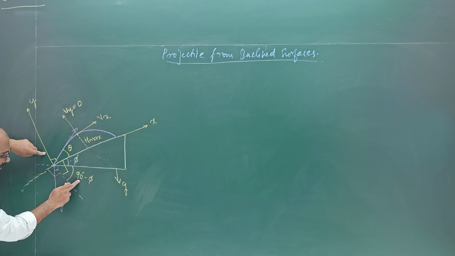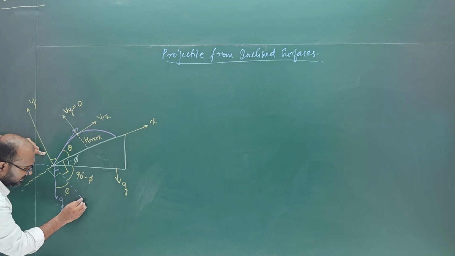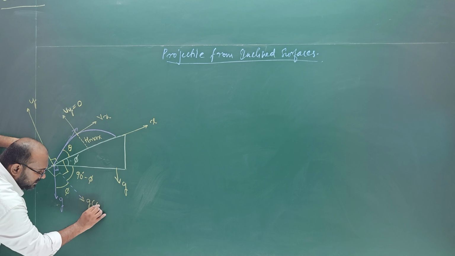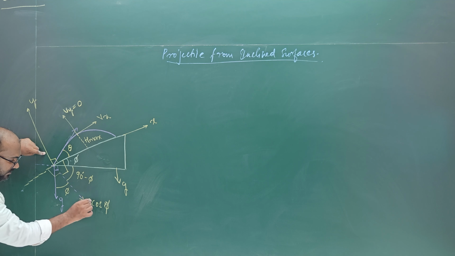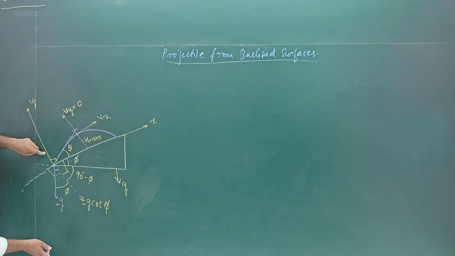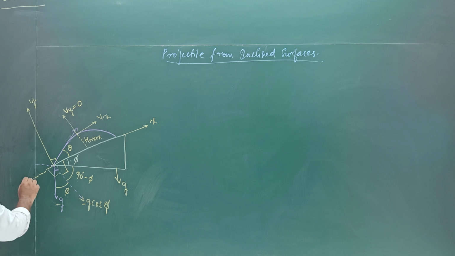If this is 90 degree minus of phi, then obviously this angle will become what? Phi. If this is phi, then this is G, then can I write over here, that is what? G cos phi. Yes, and with negative sign. Why? Because G is acting in the downward direction. Similarly, can I also write over here as G sine of phi with negative sign? Are yes or no? Itna samajh mein aaya diagram?